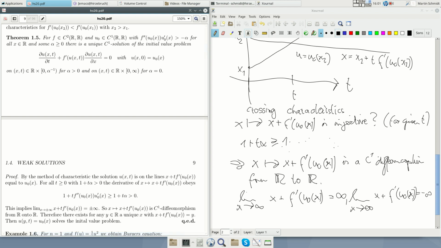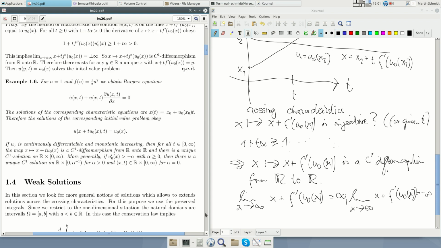In this way we can really solve this. Clearly, since this is linear in t, it's differentiable with respect to t, and also the inverse mapping for fixed t. If we consider this as a map depending on t, it's also differentiable. So indeed this equation really defines a differentiable solution.